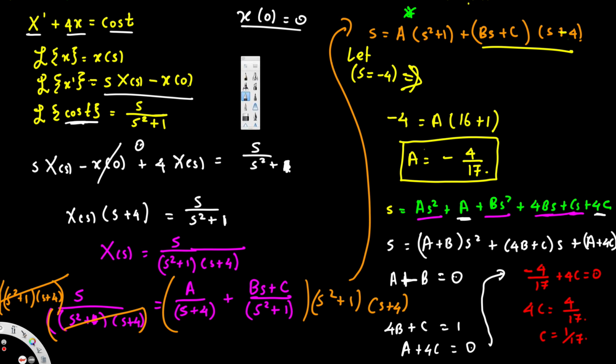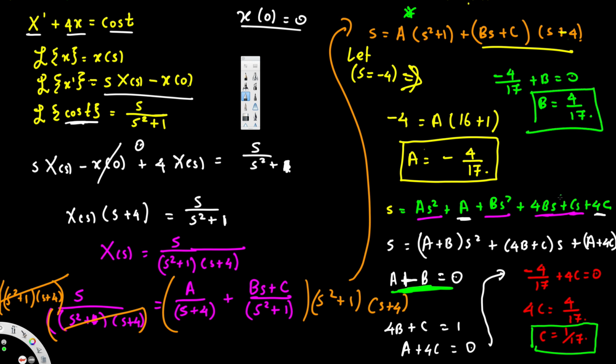The next thing is we are going to solve b. To solve b we can use this equation because we already know a. A plus b is equal to 0. A is negative 4 over 17 plus b is equal to 0, therefore b is equal to 4 over 17. Okay, that's it. We have found a, b and c.